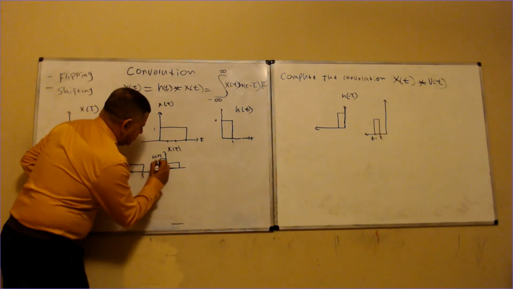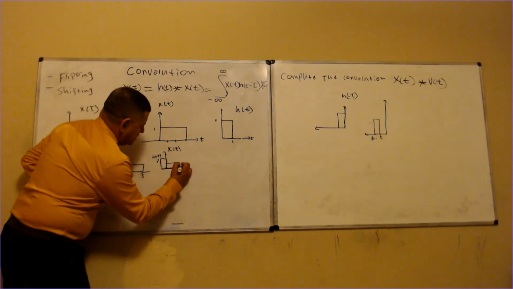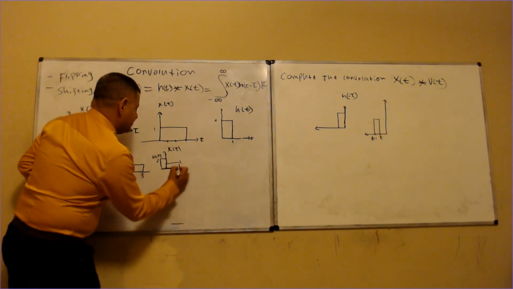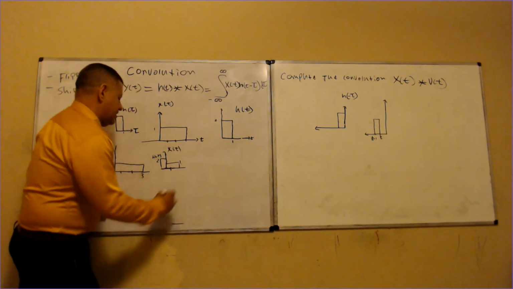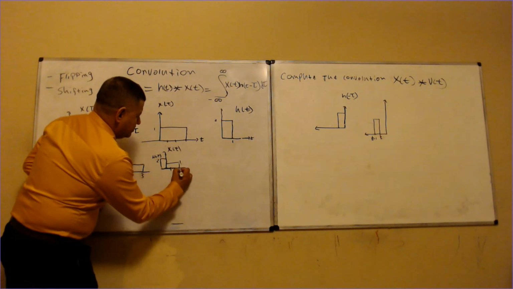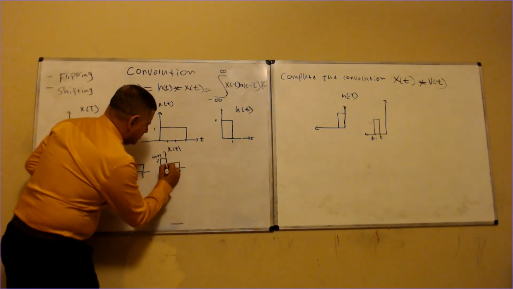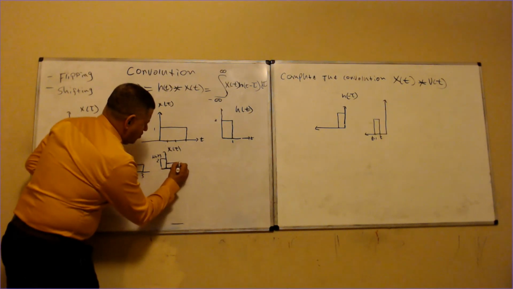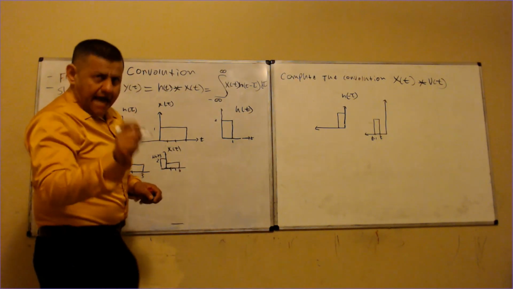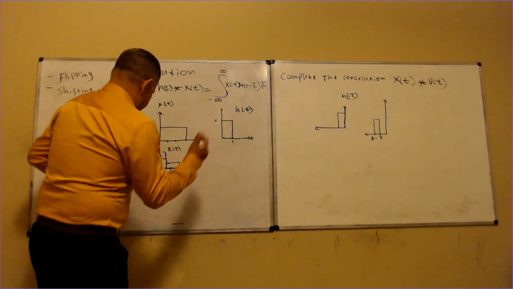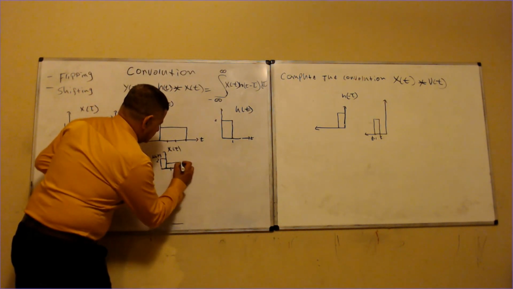You multiply the signals, this is 2 and this is 1. This is still 0. But this is 1, this is 2, this is 3. The height of this signal, or you can think of it as the amplitude, is 1.